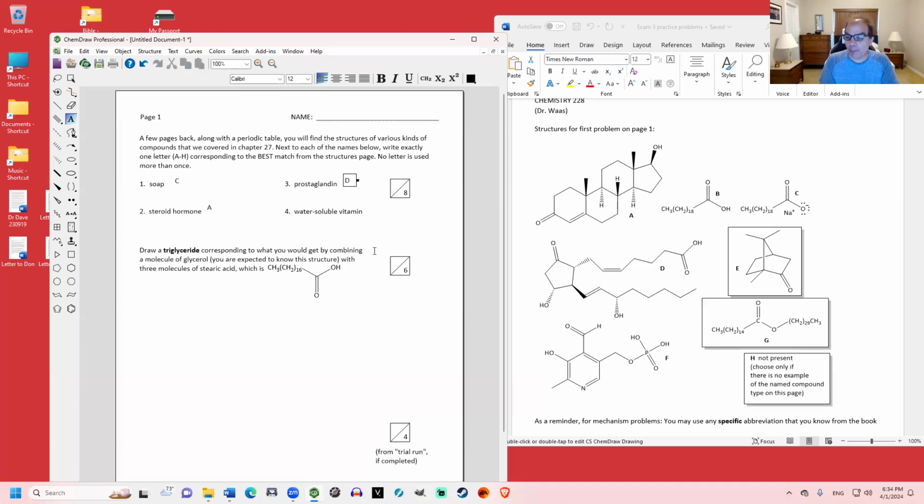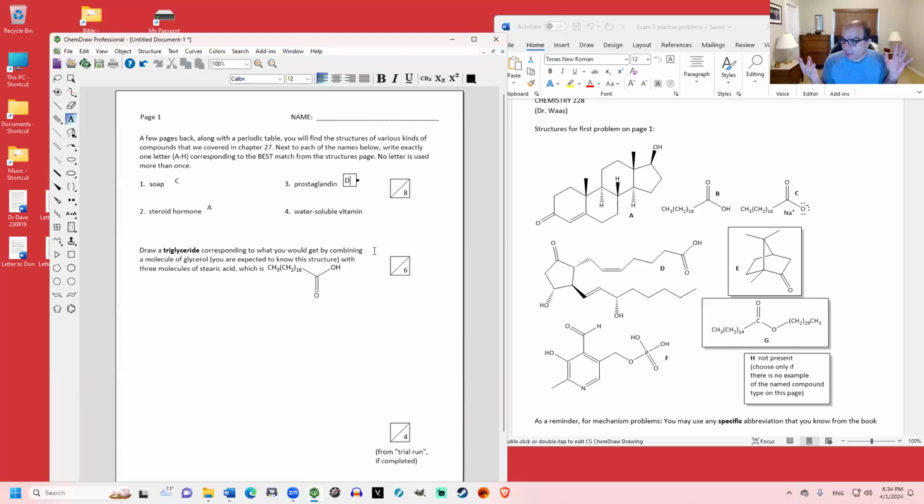Well, a water-soluble vitamin is something that's not in any of the other categories that we mentioned in chapter 27. So it's not a fatty acid, it's not a wax, it's not a soap, it's not a triglyceride, it's not a phosphatidate or phospholipid, it's not a terpene, it's not a prostaglandin, it's not a steroid hormone.